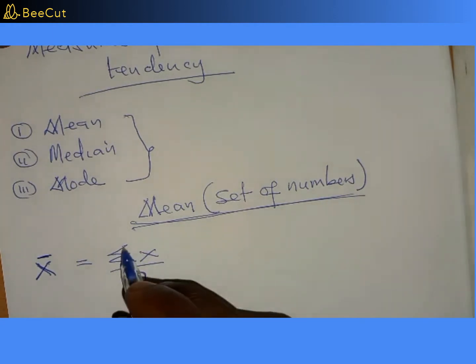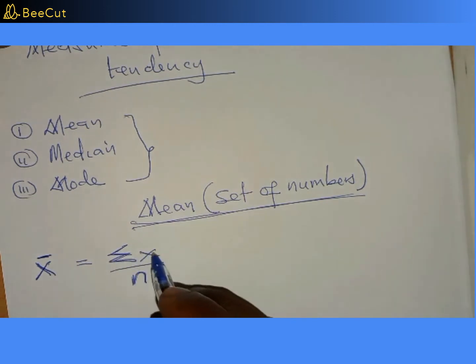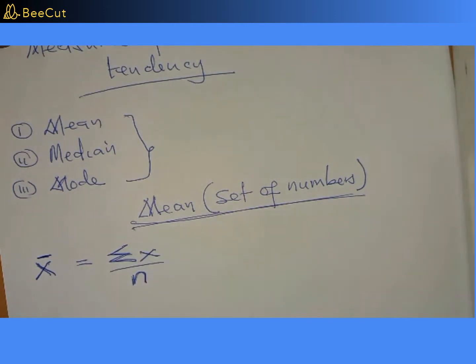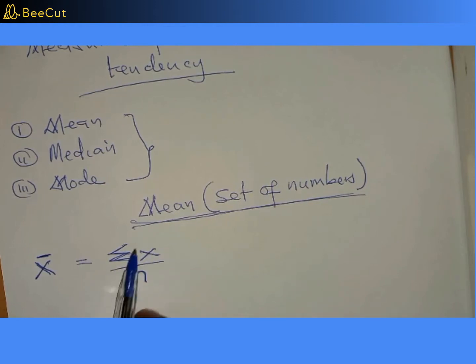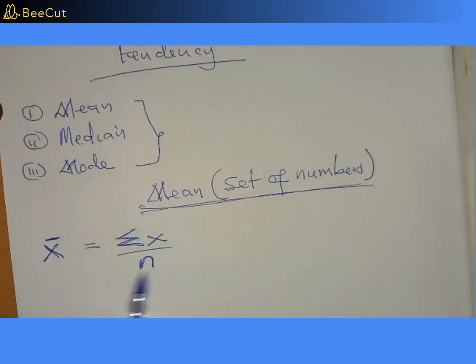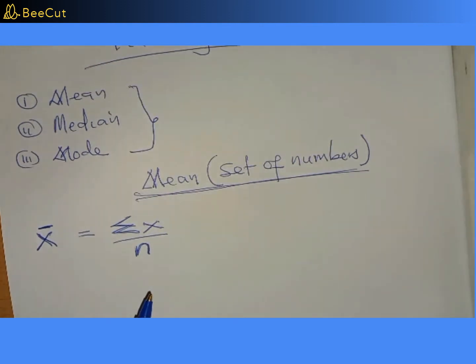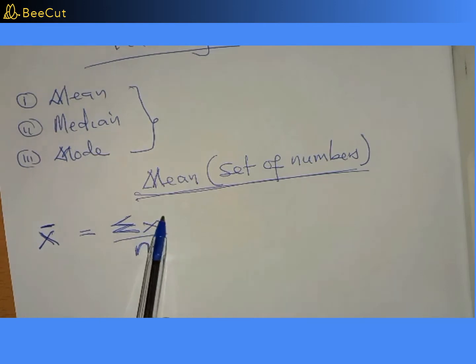What this is saying is the summation of all x values over the number of x values. So you sum up all the x values over the number of x values.